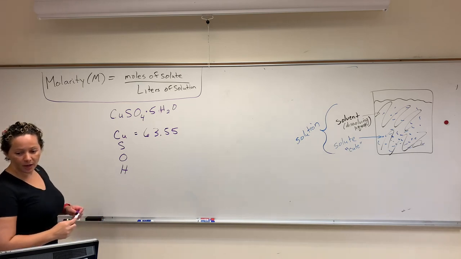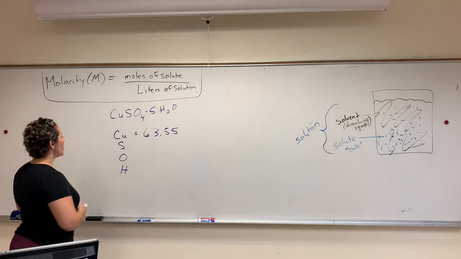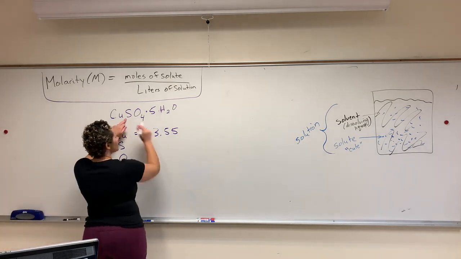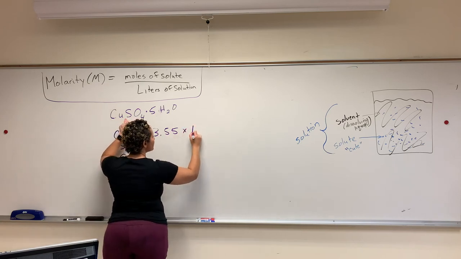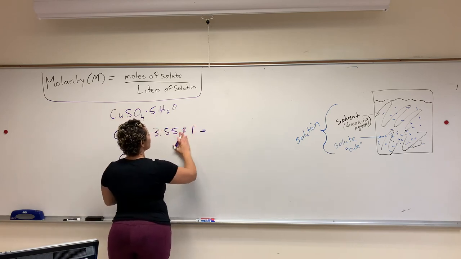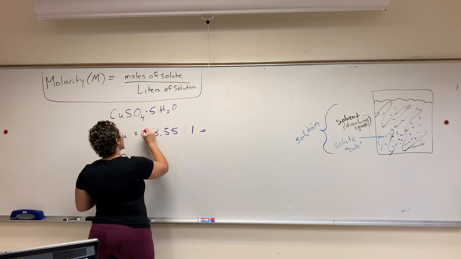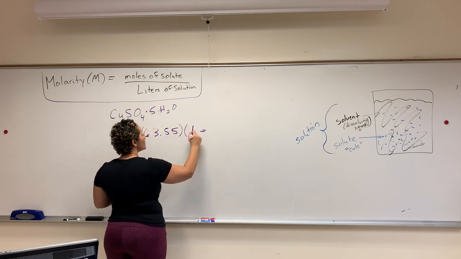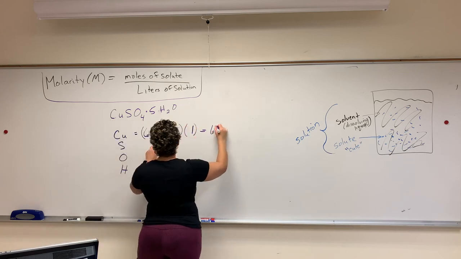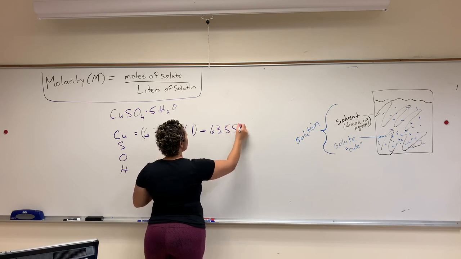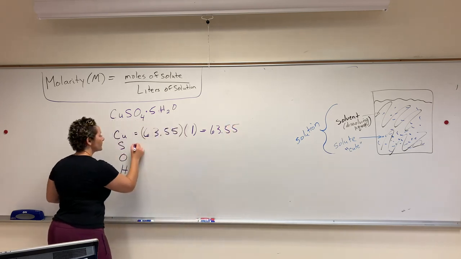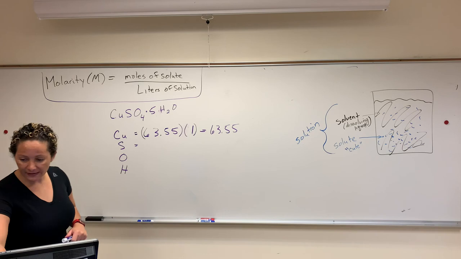There you go. I'll go ahead and keep it like that for now. Alrighty, so your sulfur. Oh, by the way, there's only 1 atom. So let's just go ahead and finish this. Times 1 equals, and we really shouldn't be doing x's. We should have lost that a while back. 63.55.